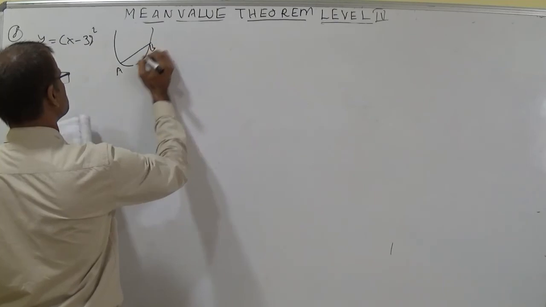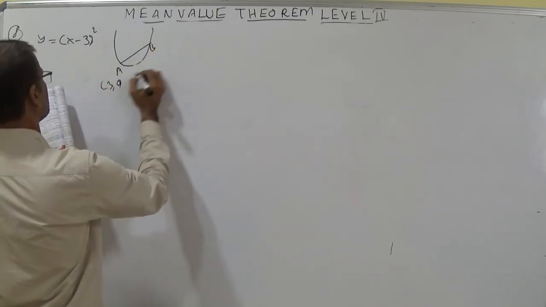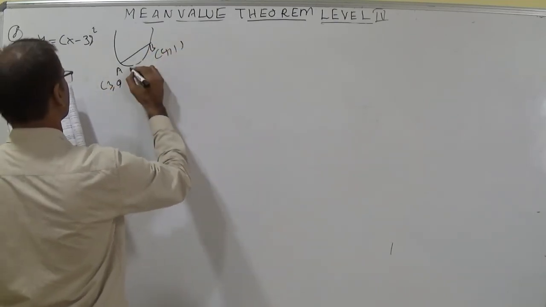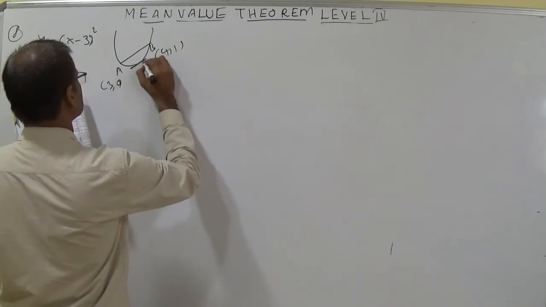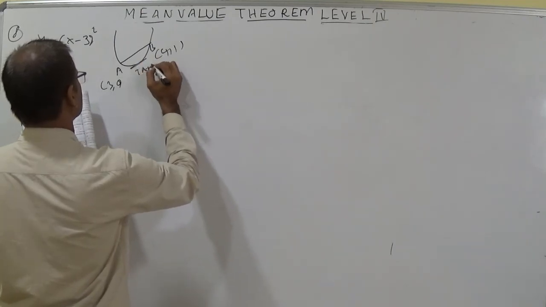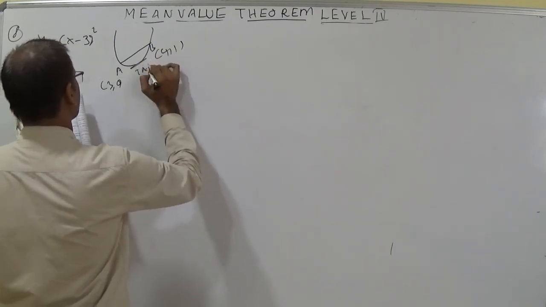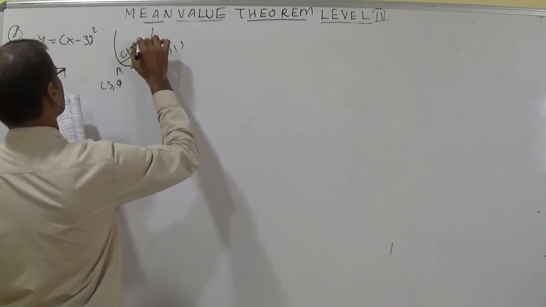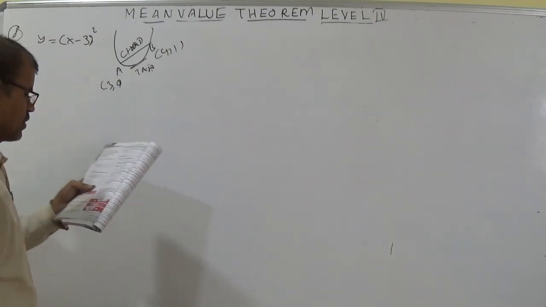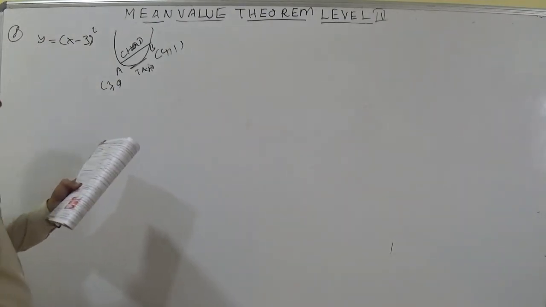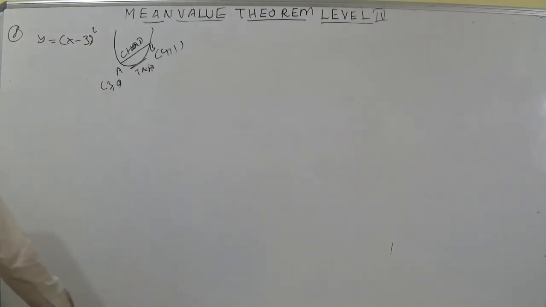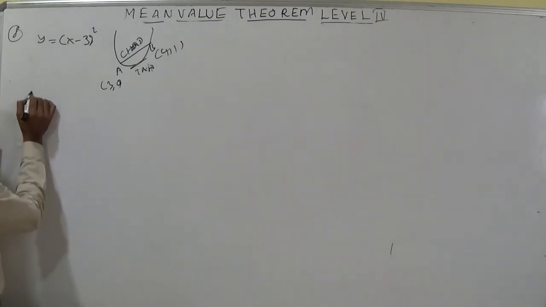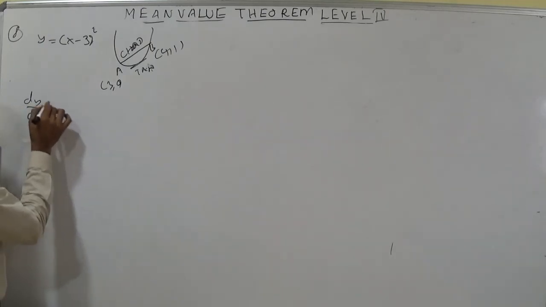This is A, this is B. A here you write 3, 0 and this is 4, 1. This is tangent. Tangent parallel to chord. This is chord.